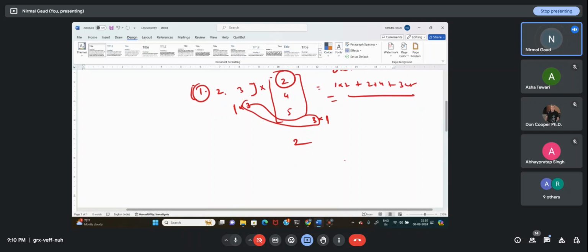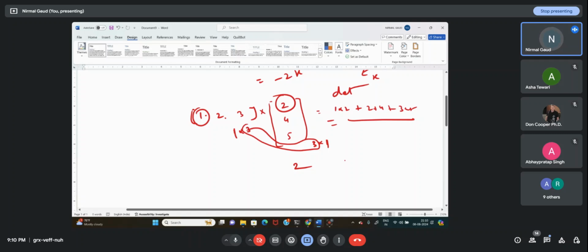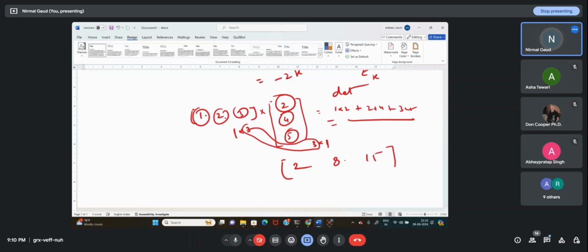Then 2 into 4, that is 8. And then 3 into 5, 15. This is the dot when you take the sum, and this is the cross product.